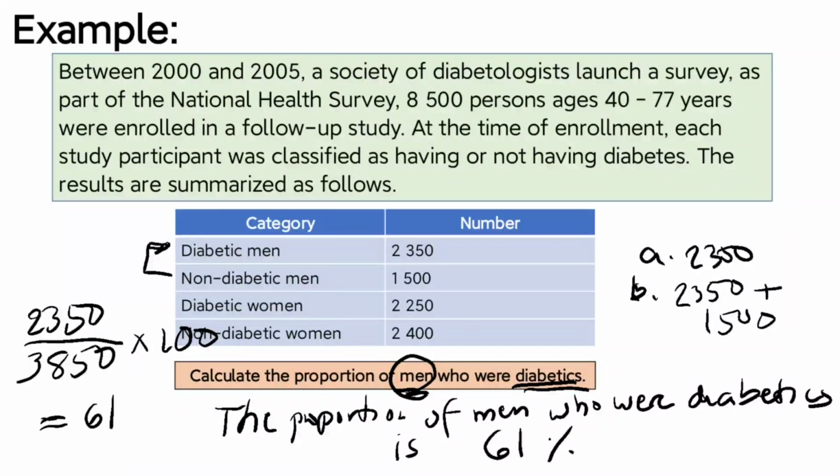So basically, since here, we used 100 as your factor, right? Similarly, earlier we also used it. But we mentioned it as for every 100 persons, right? So, here, since we are not going to utilize that, the proportion of men who were diabetics is 61 per 100 persons, for every 100 persons, okay?